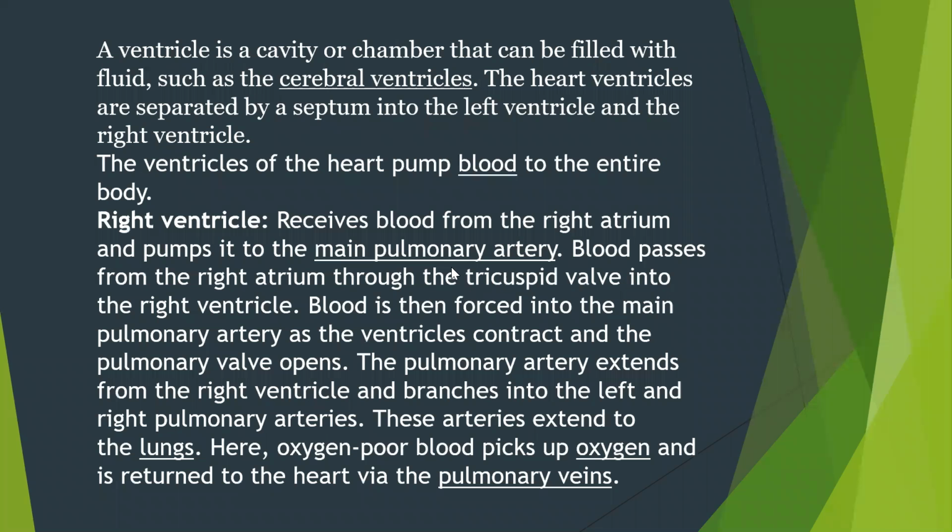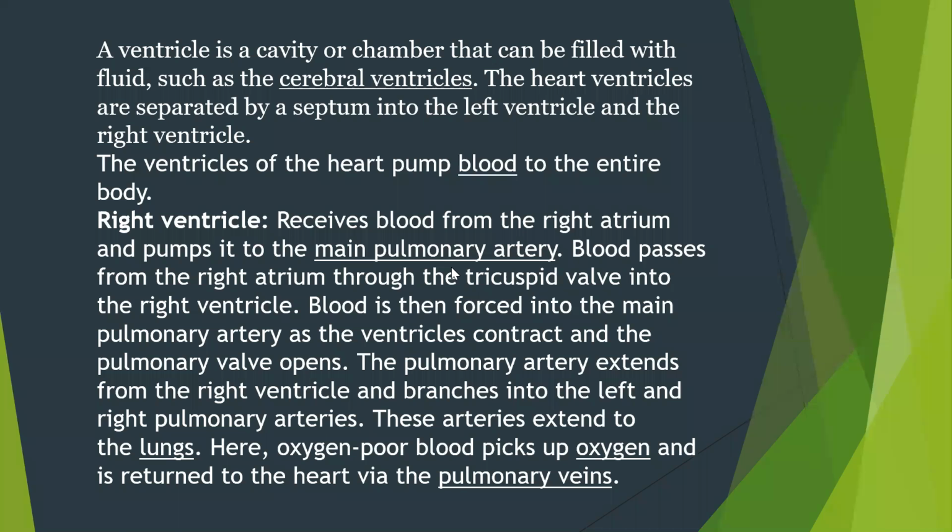A ventricle is a cavity or chamber that can be filled with a fluid, such as cerebral ventricles, but this is the case of the brain. A ventricle is actually a cavity. It can be present in the brain, it can be present in the heart. When it is present in the brain, it is called cerebral ventricle, and in case of the heart, it is called heart ventricle.